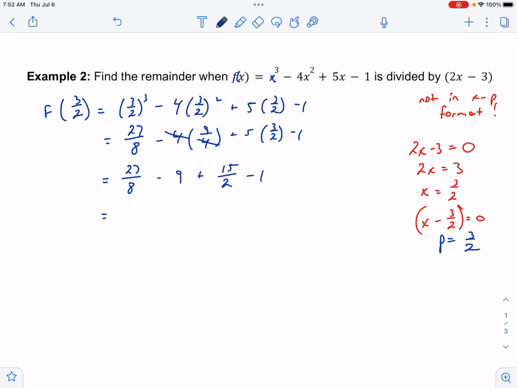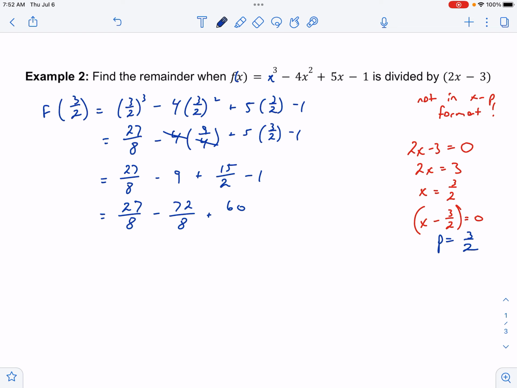I'll put everything into a common denominator here, which is going to be 8. 72 over 8, 60 over 8, 8 over 8. And then we add, and this one I'm going to need a calculator for. So I've got 27, take away 72, plus 60, minus 8. That ends up being 7 over our denominator of 8. So therefore, the remainder in this case would be 7 over 8.